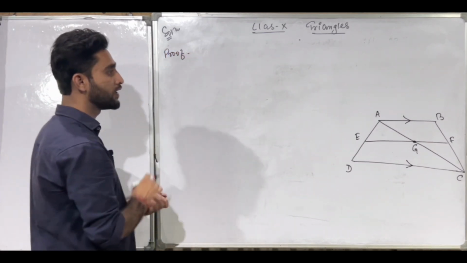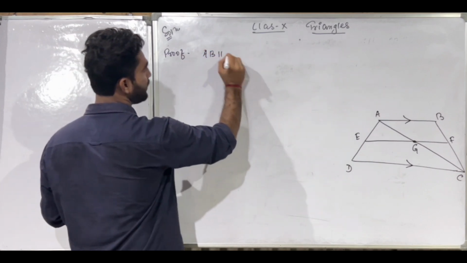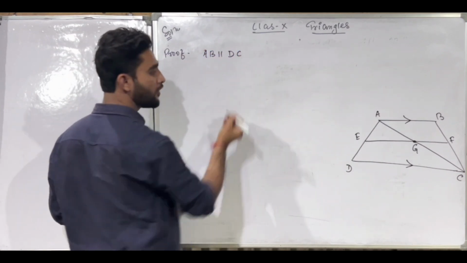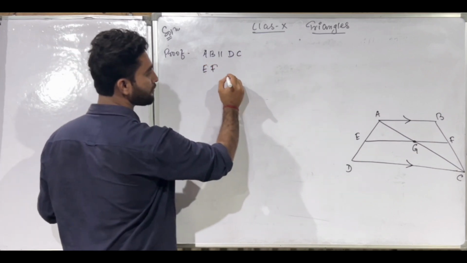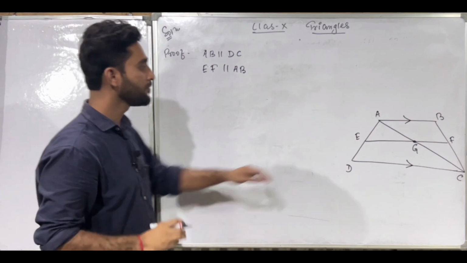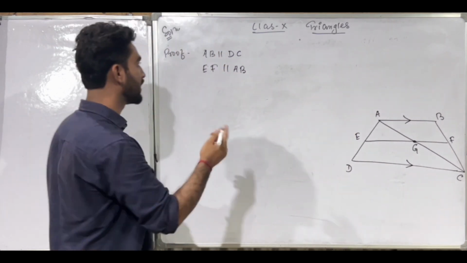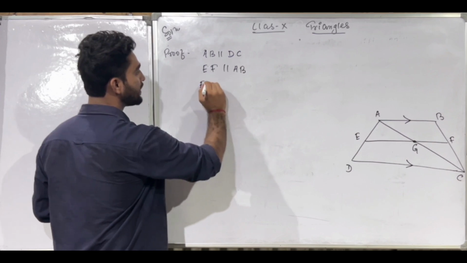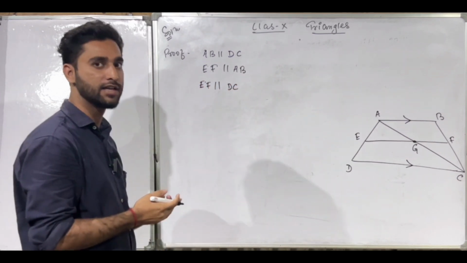Proof. Now in the question what is given? The first thing given is AB parallel to DC or CD, and one more piece of information is given, EF parallel to AB. Now AB is parallel to CD, and EF is parallel to AB. Now what can we say? This EF is also parallel to DC. What is the reason?